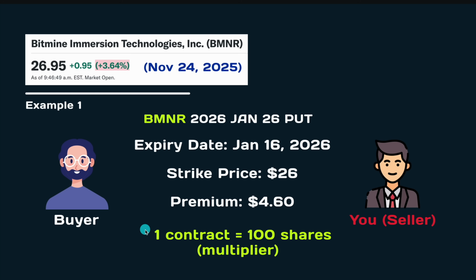It means that if the buyer were to buy one option, it would give them control of 100 shares. To make this a little bit more confusing, these prices over here, the strike price and the premium, are quoted per share. So going forward, you need to understand that if you were to buy one contract, it controls 100 shares, but the details that are quoted, like the premium, are quoted per share.